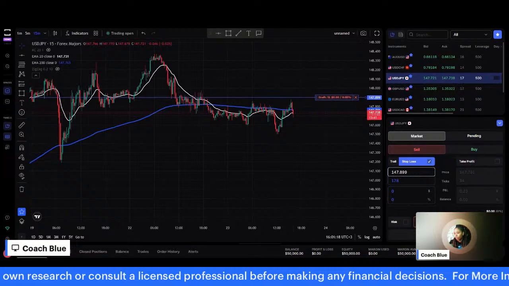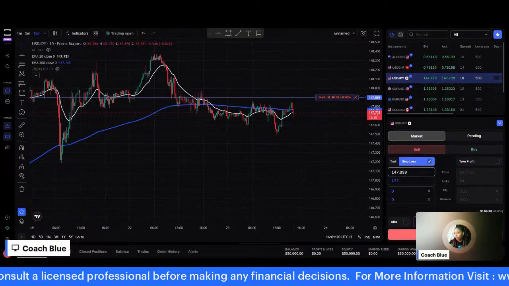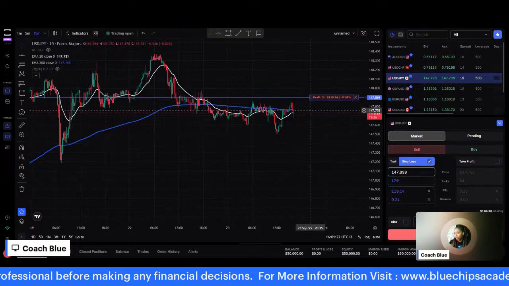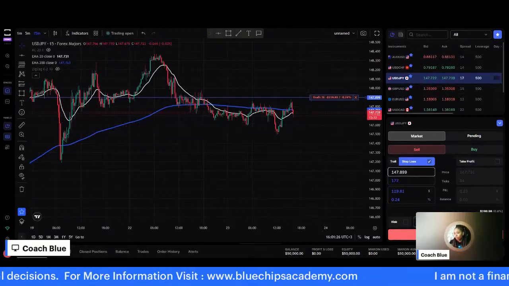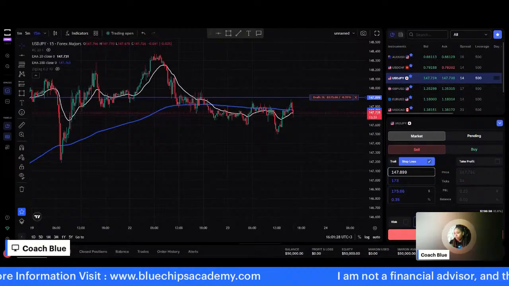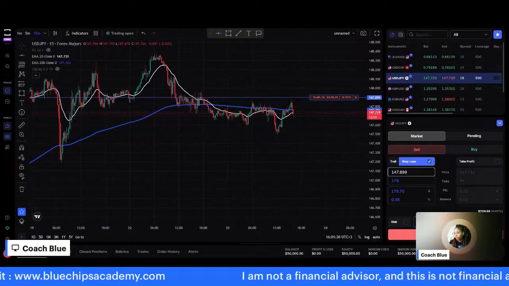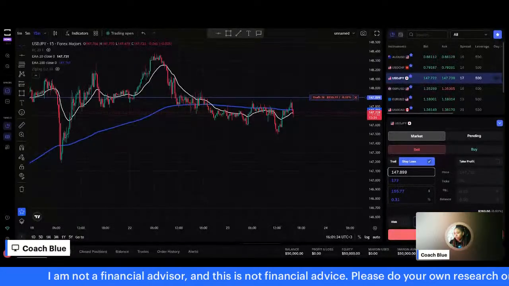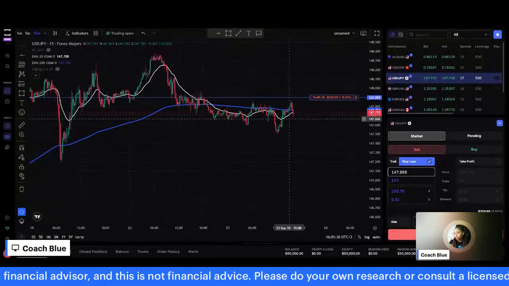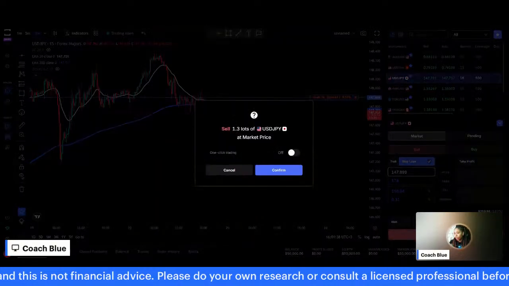Let's go to a whole lot size, so that'll put me at 120. Okay, that's a little too much, so I'm going to go to 1.3. 1.3 will put me right where I need to be. I'm going to go ahead and click sell.